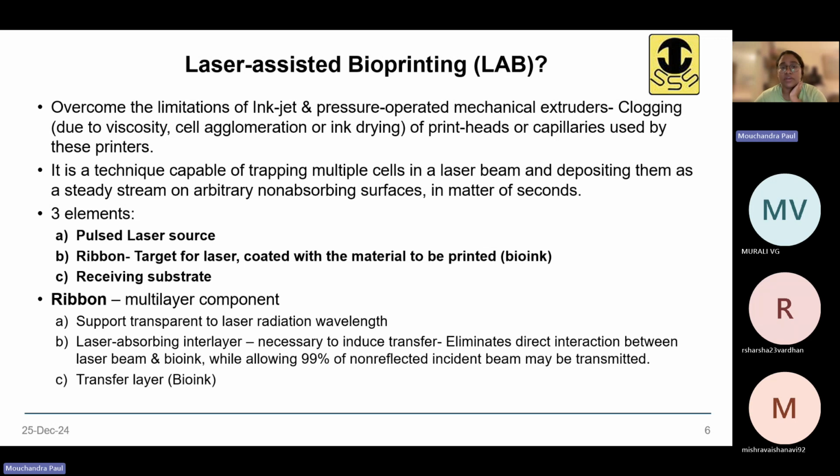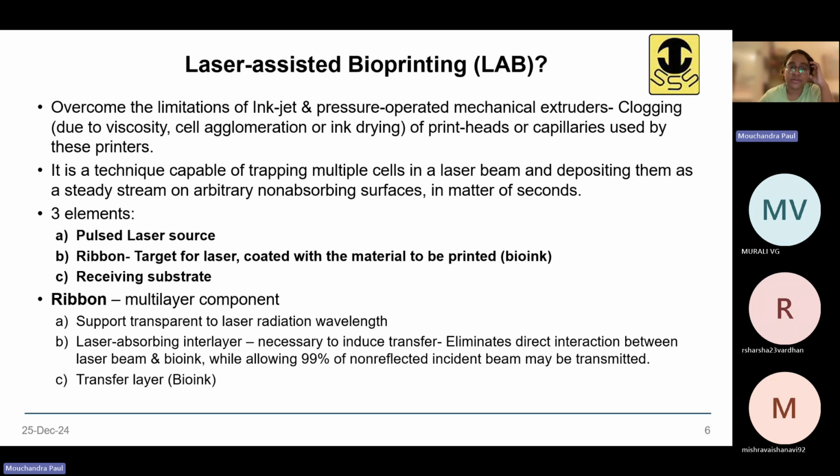Clogging can arise due to multiple reasons, like high viscosity, cells agglomerating with each other, or the bioink having a higher tendency to dry up and get trapped in your needle or nozzle aperture. So if you want to totally avoid clogging, using light assisted bioprinting can be beneficial.